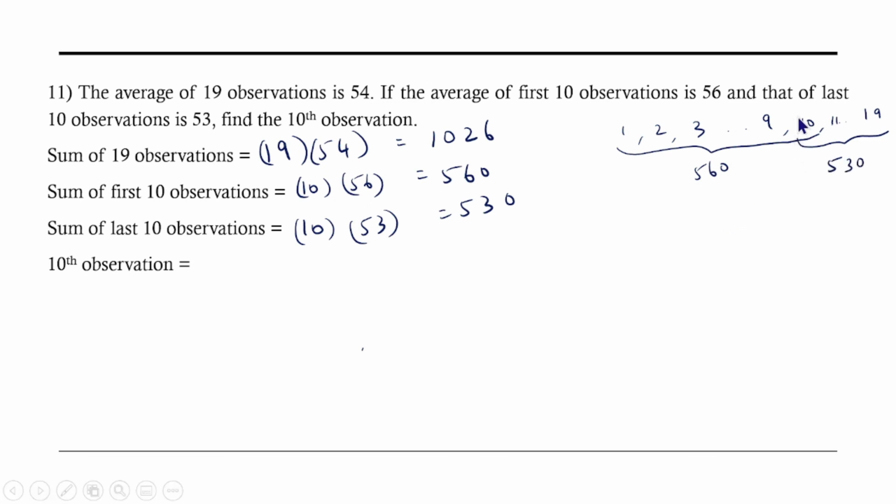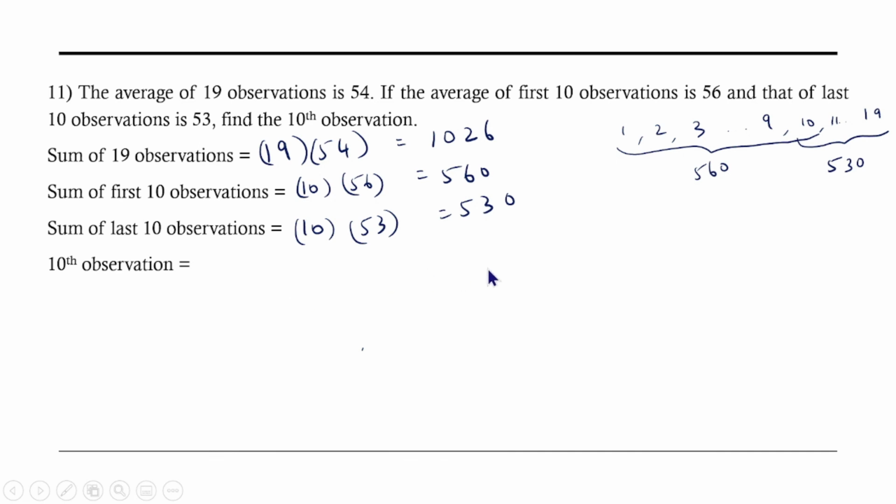To find the 10th observation, if we add the first 10 and the last 10 and subtract the sum of all the observations, we will be able to find the 10th observation.